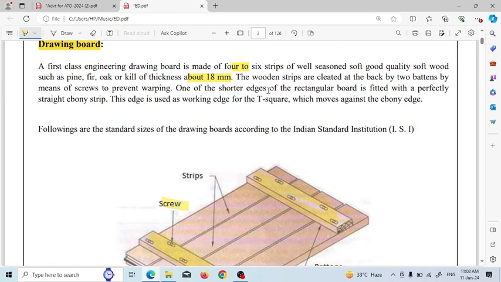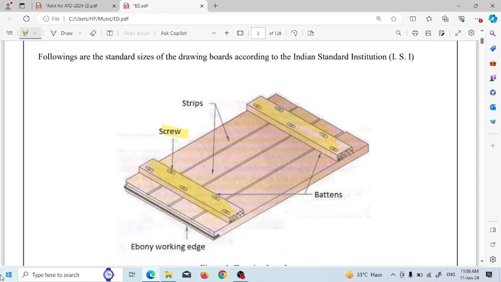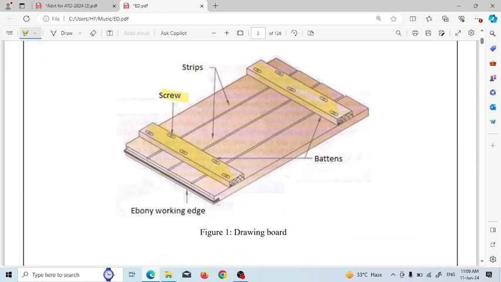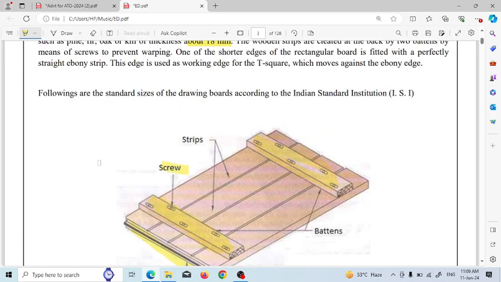And one of the shorter edges of the rectangular board is fitted with a perfectly straight ebony strip. This edge is used as the working edge for the T-square, which moves along the ebony wood. This is the ebony working edge where you have to fit the T-square. What is a T-square? We have to discuss later. So just follow the lecture.